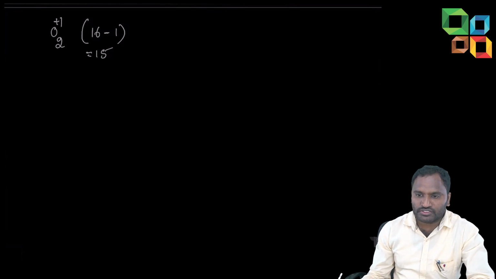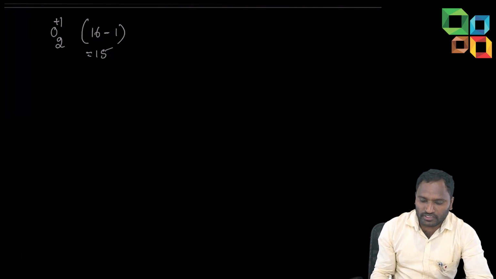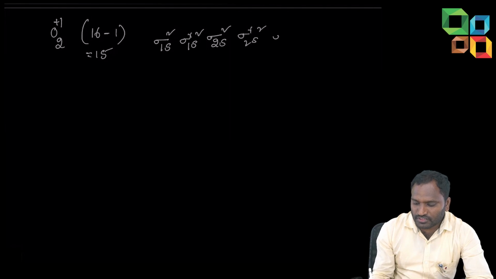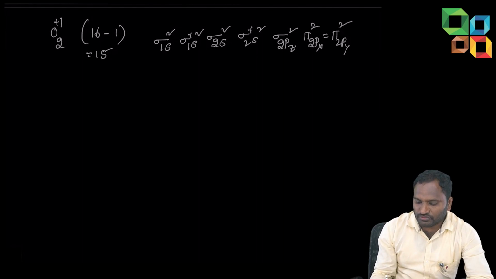Find out the bond order, students. I'll arrange, students. Sigma 1s2, sigma star 1s2, sigma 2s2, sigma star 2s2, sigma 2pz2, pi 2px is equal to pi 2py. Keep two electrons here also. 1, 2, 3, 4, 5, 6, 7 over.